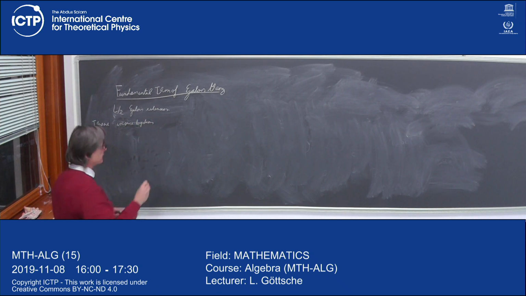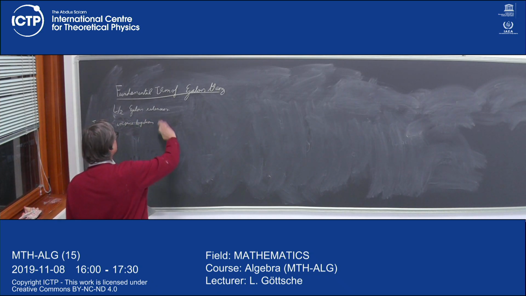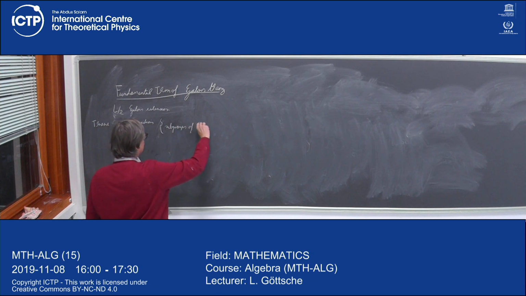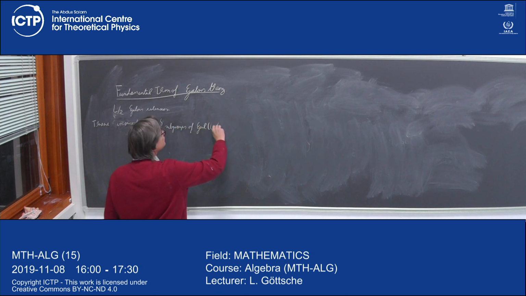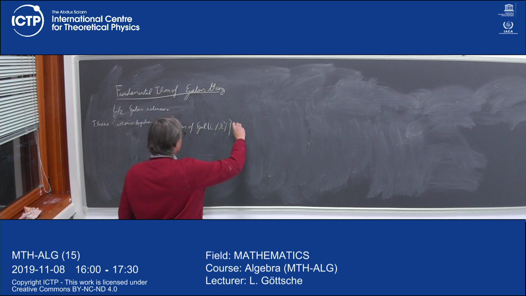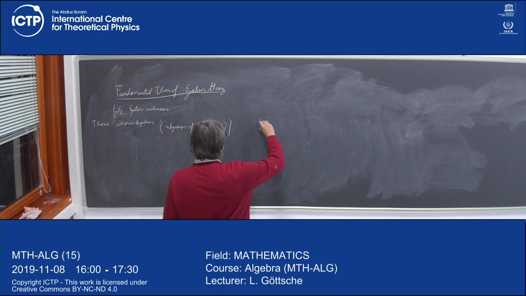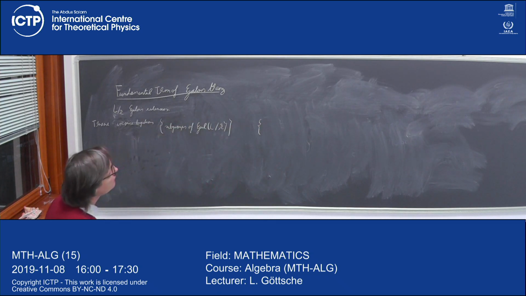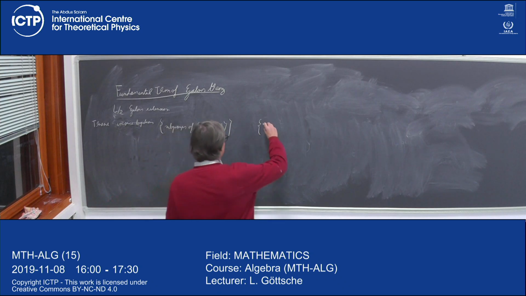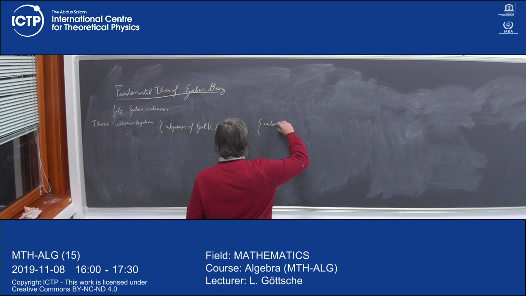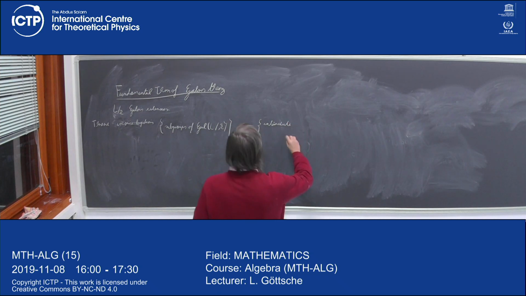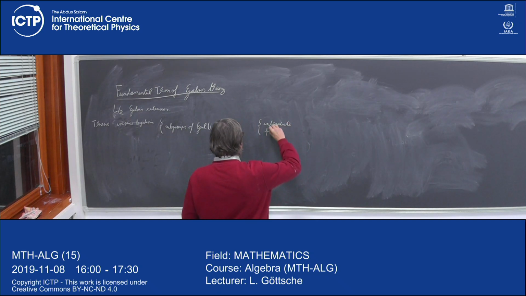So we have from the subgroups of the Galois group to the intermediate fields of L over K.